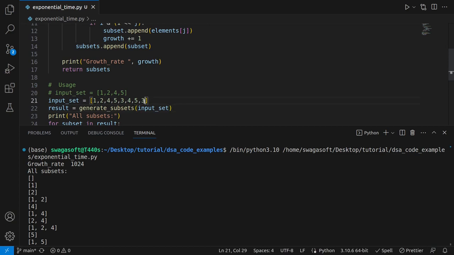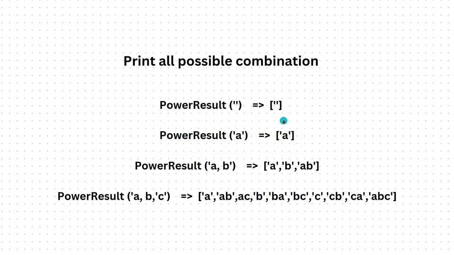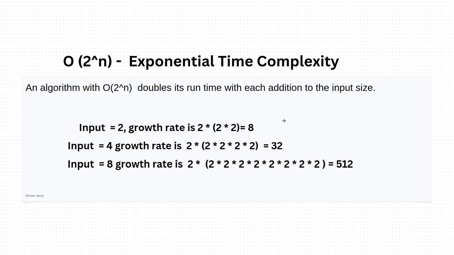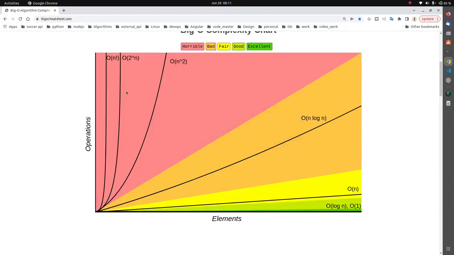Supposing we have 20 elements, you can just imagine how much the growth rate will be. This type of algorithm is not going to scale, so we should try and avoid it. An algorithm that has the runtime complexity of big O of 2 raised to power n, which is the exponential time, should be avoided. Next we are going to the big O sheet.